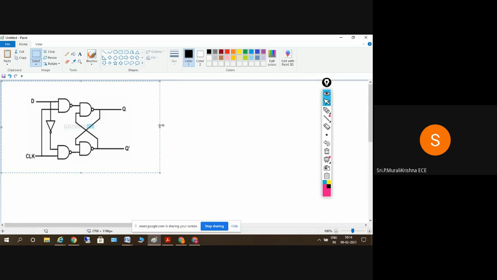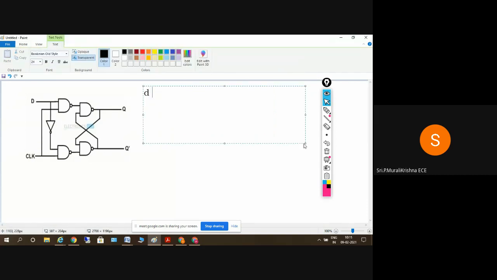This is the D flip-flop here. So we'll analyze this part. For the truth table, we'll take the first case.